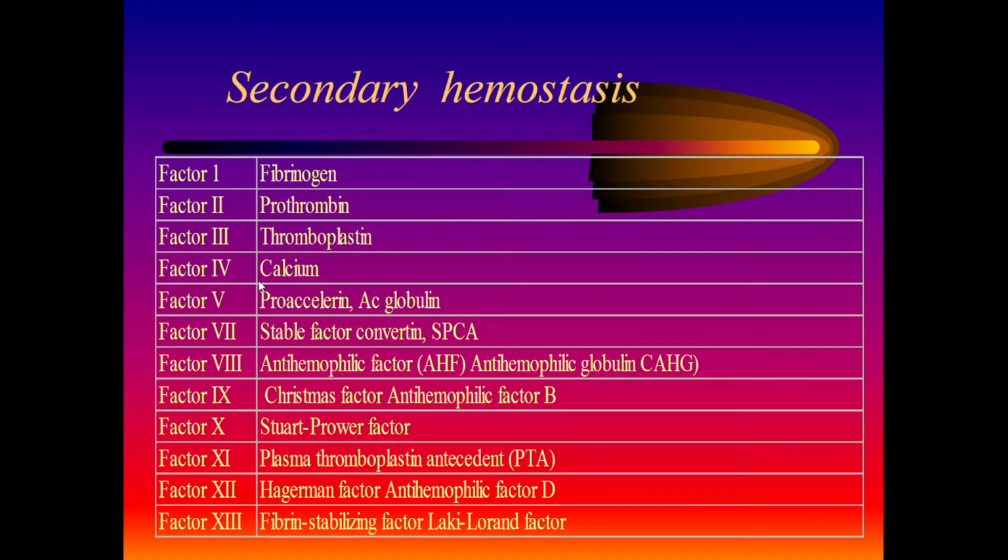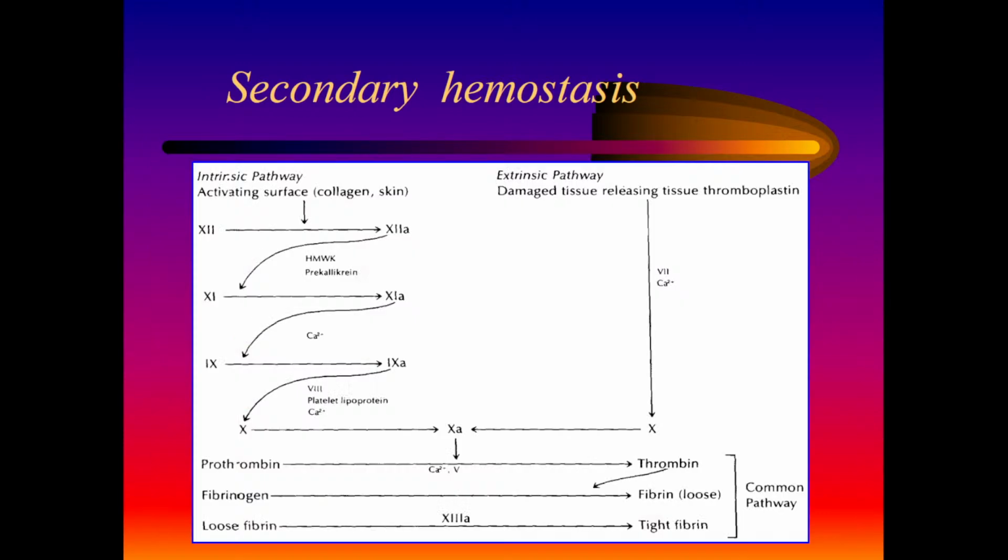It's different bioactive components and includes in different step by step making and hemostasis process, such as here you can see secondary hemostasis includes activation of different factors from step to step and make a specific process with final result of hemostasis.